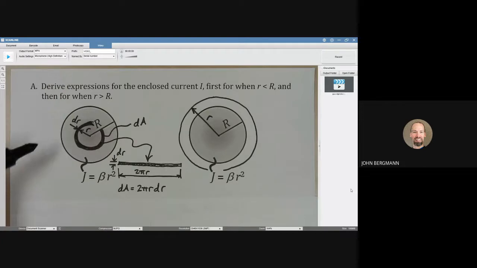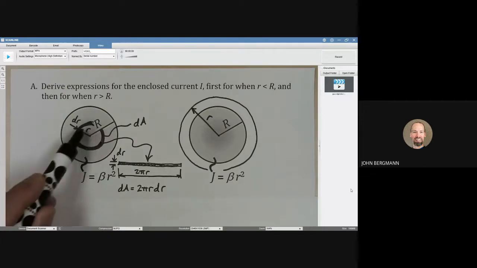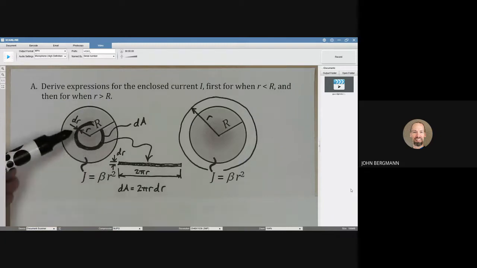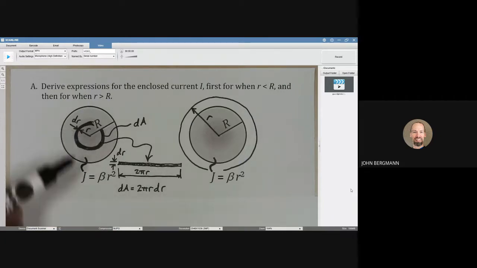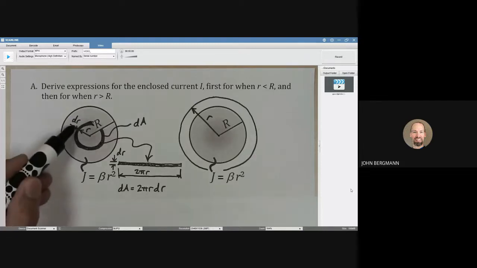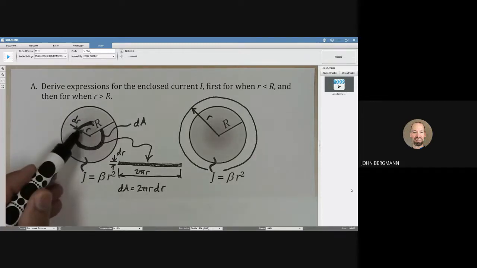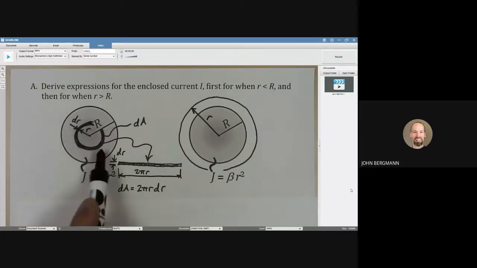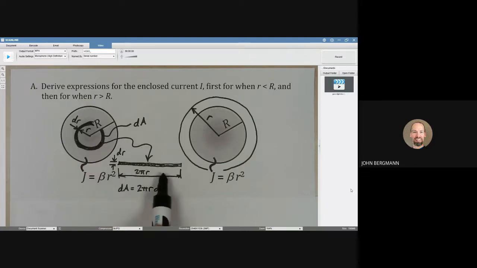What we need to do is break this wire into a bunch of tiny little rings, each of thickness dr, and in the first case we're only taking little r out, not all the way to big R. If you look at this little ring that I've drawn in here, obviously I've drawn it much thicker than it really is, but it has thickness dr. It's a distance r, little r, from the center line of the wire, and I've pulled it out here to the right and down.